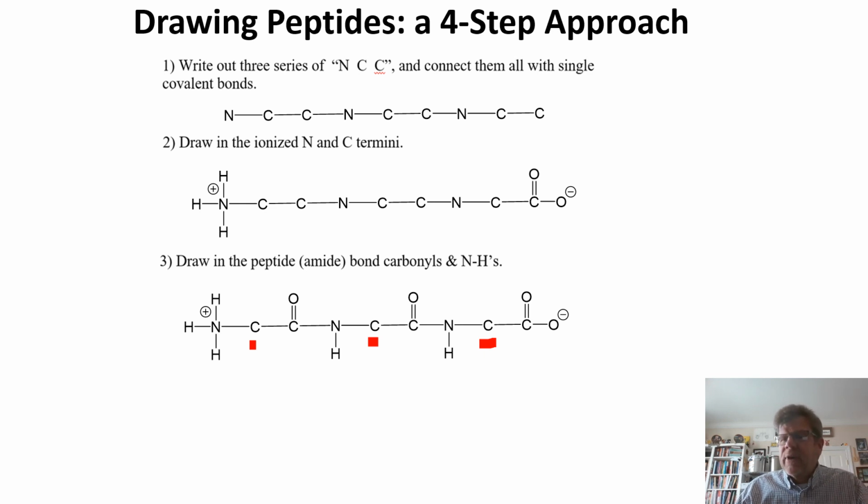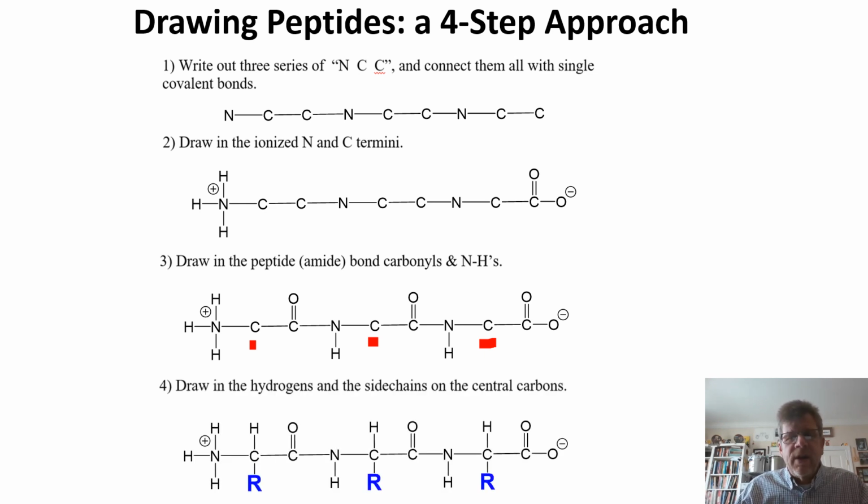Now, on our alpha carbons, in all cases but one, they have a hydrogen associated with them. So we're going to draw a hydrogen on there as well in the next step, but also the side chain. And as we know, there are 20 different side chains associated with that. So here now we see which was sort of just these naked carbons up here on step 3.